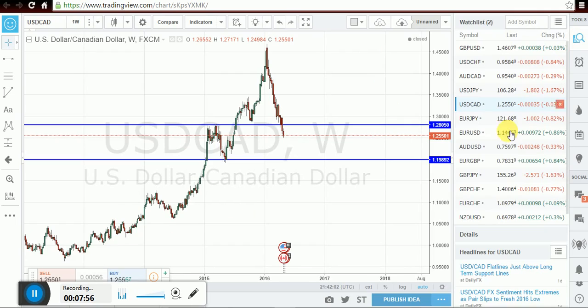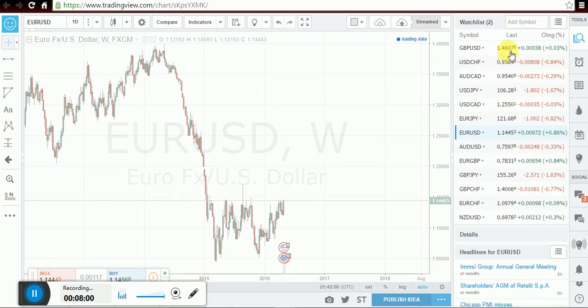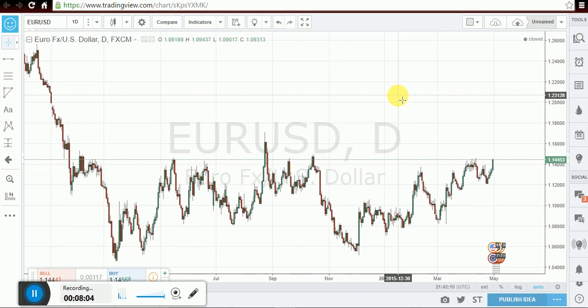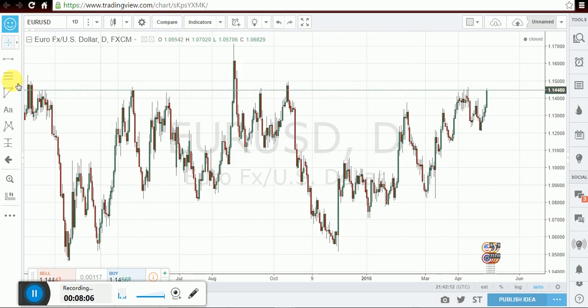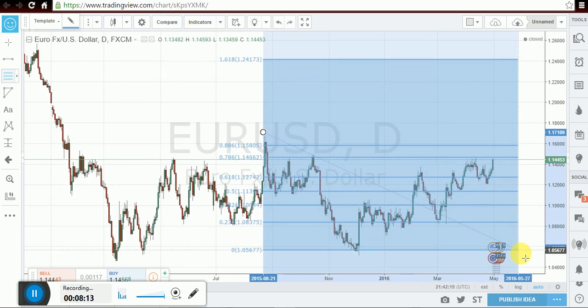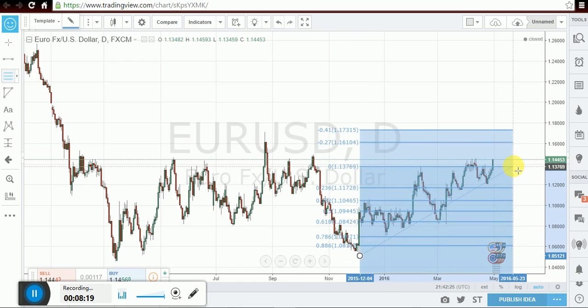So moving on to the next one, euro dollar. In the euro dollar, I did mention we do have a potential Gartley pattern that's going to complete near the top end of that channel. I think in my last video, I'm not too sure. But we do have a potential deep Gartley pattern that will complete right along the top end of that channel here, right around 161.